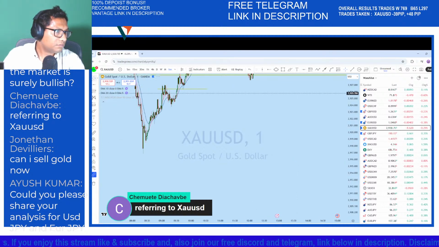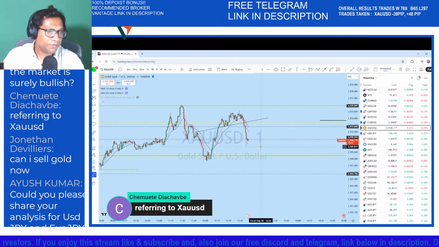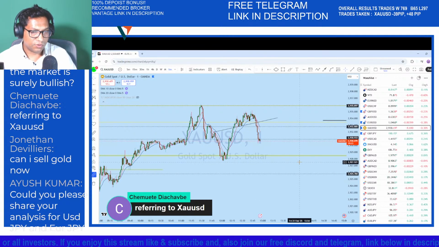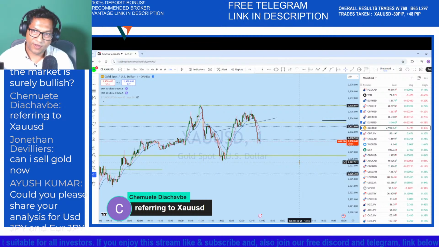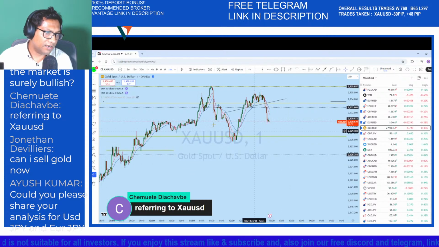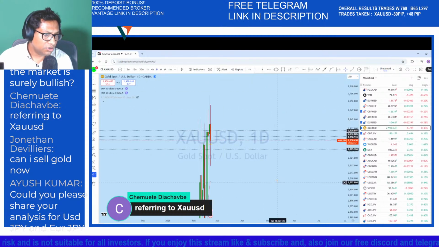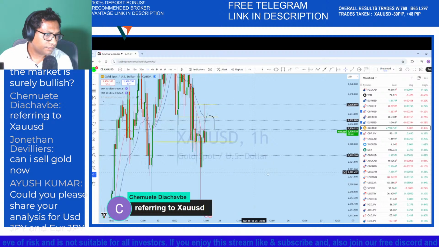Now, here it's sideways in that area. Let's look at what kind of structure it is forming. In 30 minutes there is news coming on CAD that will definitely impact the market. This is the nearest support here, let's identify that one. The market might now try to retest or break that low.